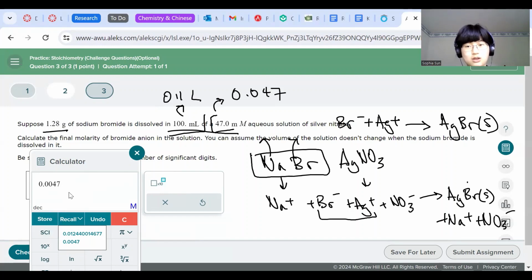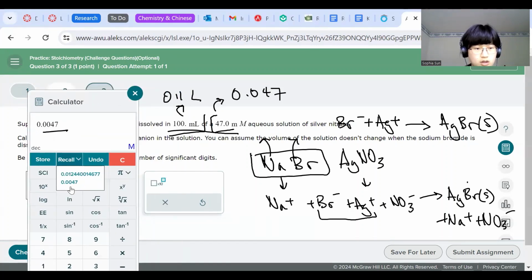This goes back to the limiting reactant and the excess reagent. If we take a look at our two values here, I apologize, this is slightly small, we see that there's significantly less silver ion present than bromide ion. Therefore, we can expect that silver will be the limiting reactant.